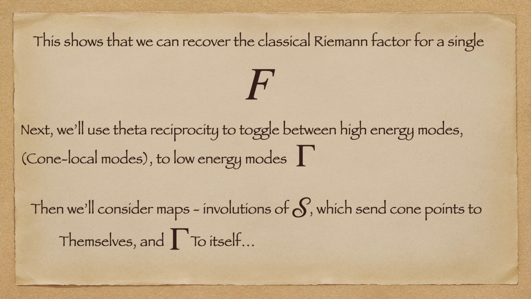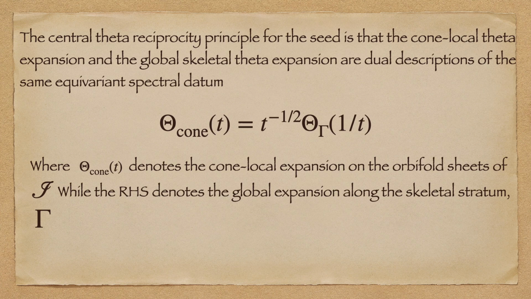Then we'll consider maps, involutions of the seed, which send cone points to themselves and gamma to itself. The central theta reciprocity principle for the seed is that the cone local theta expansion and the global skeletal theta expansion are in fact dual descriptions of the same equivariant spectral datum.